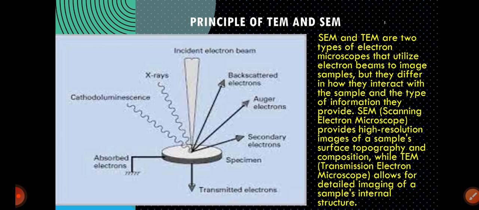Next, the incident electron beam will interact with electrons in the specimen, and those electrons will emit a number of electrons.